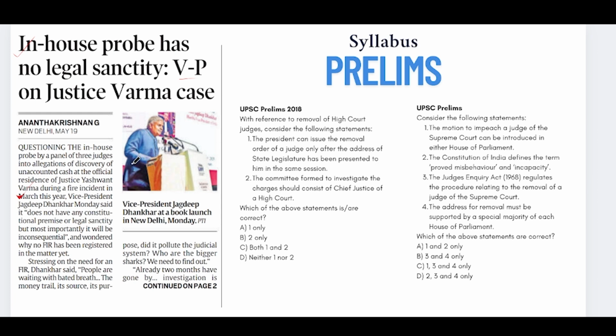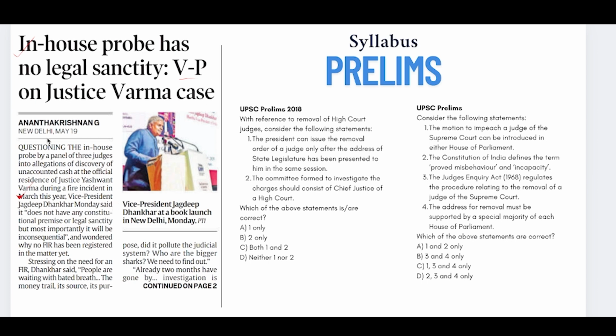What was revealed as a subsequent matter turned out to be an extremely serious problem facing India's judiciary. A huge pile of cash was revealed, which raised a lot of concerns about integrity in the judiciary and the lack of accountability within the judiciary, which led to sharp criticism of the functioning of the judiciary and its opaqueness, which resulted in the transfer of this High Court judge to the Allahabad High Court.